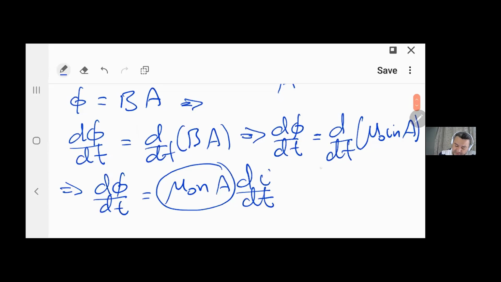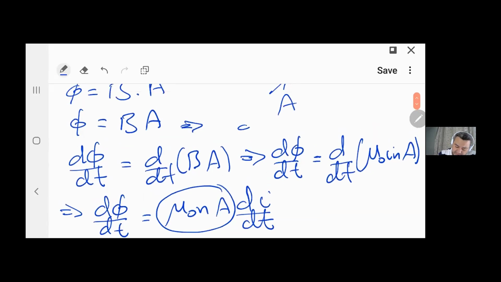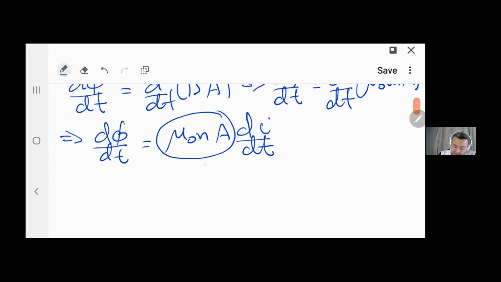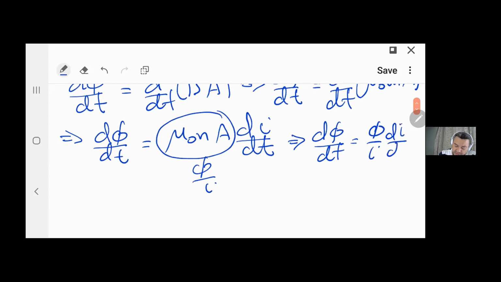If we recall here, we have phi equals mu naught n I A, which means mu naught n A equals phi over I. So if we substitute here with phi over I, then d phi over dt would be phi over I di over dt.